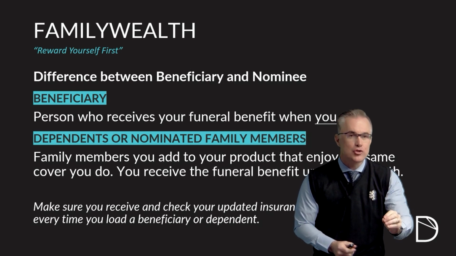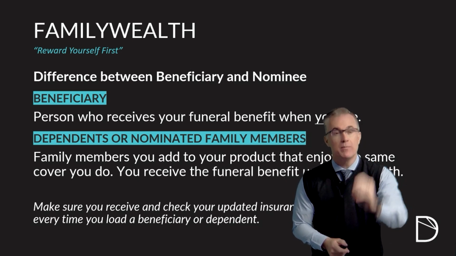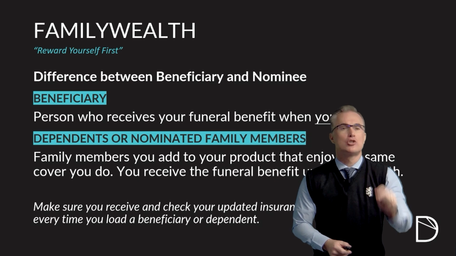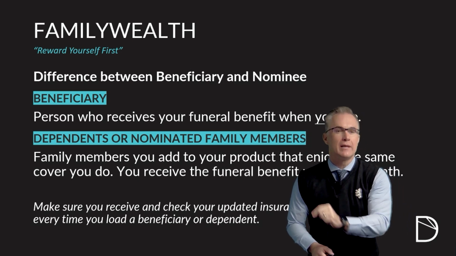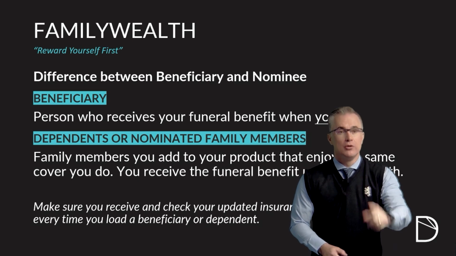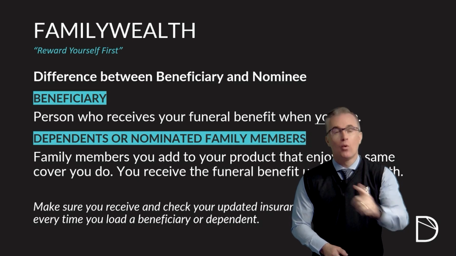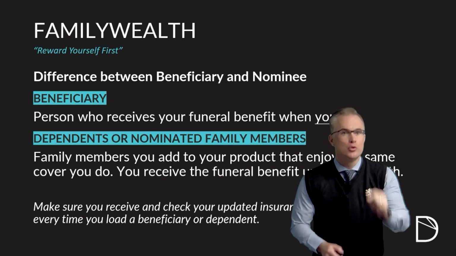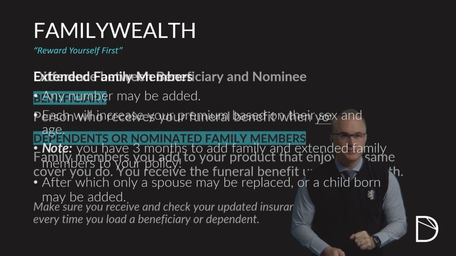Again, make sure that you've loaded your nominated or your dependent extended family members to your policy as soon as is possible. Otherwise, they will not be under cover in our policy. You can do this through the application form, through our phone app, or by contacting client service. Do it ASAP so that everyone is always under cover.